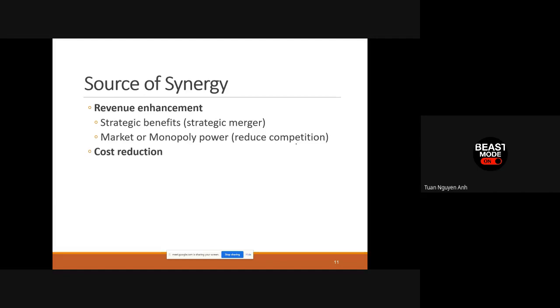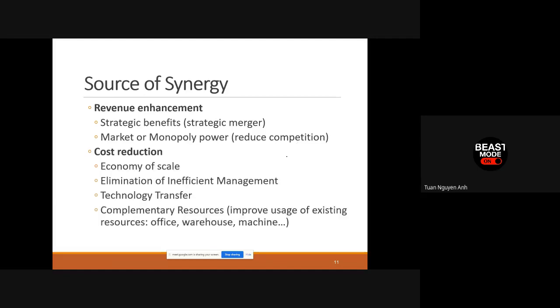Or the source of synergy comes from the cost reduction. Maybe it's from economy of scale. We get this kind of benefit when we produce at a high level of production. So we can get the economy of scale. Or the cost reduction comes from elimination of inefficient management.